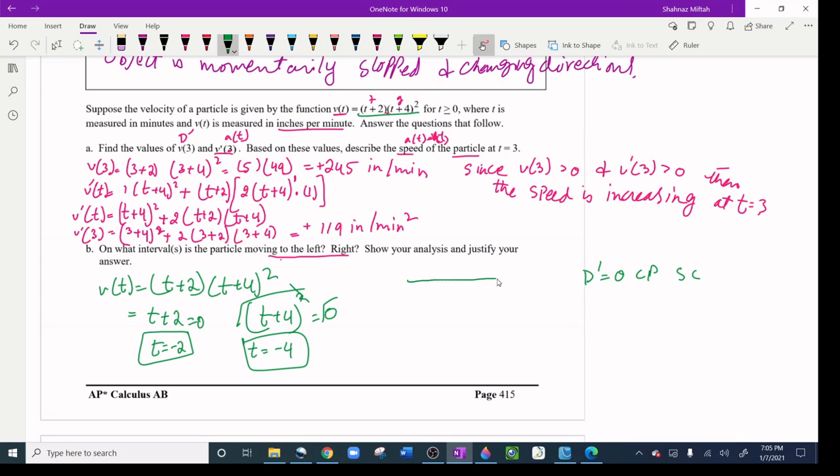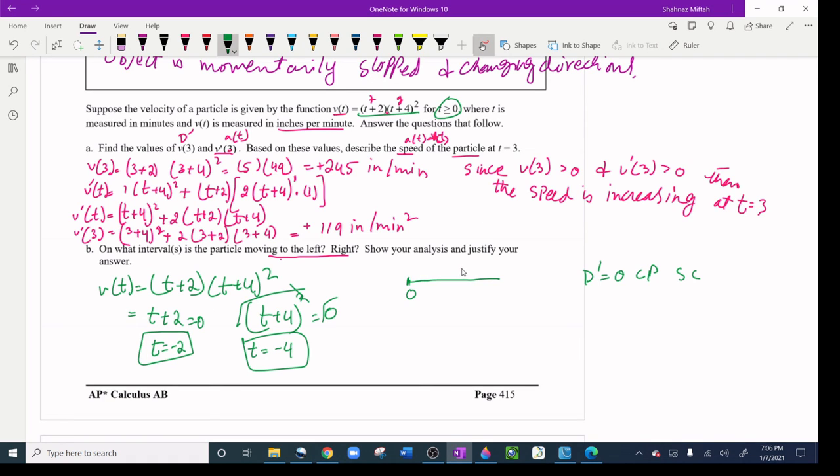They said t is greater than 0, so negative 2 and negative 4 are not going to work because of the restriction. I'm only talking about this portion, so I'm going to make it 0, and everything greater than 0.